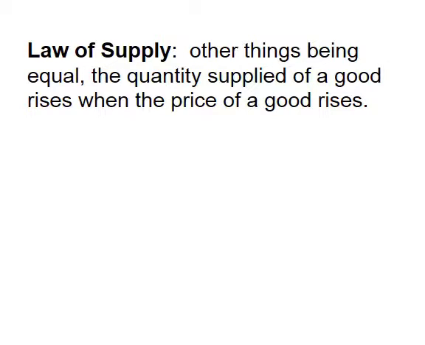The law of supply. So this is very important to realize. So other things being equal, or ceteris paribus, the quantity supplied of a good rises when the price of a good rises, and vice versa. So in other words, if the price of the good rises, producers will supply more.